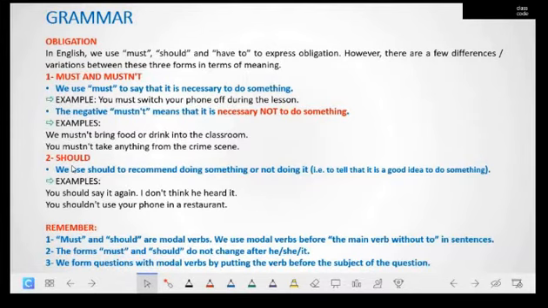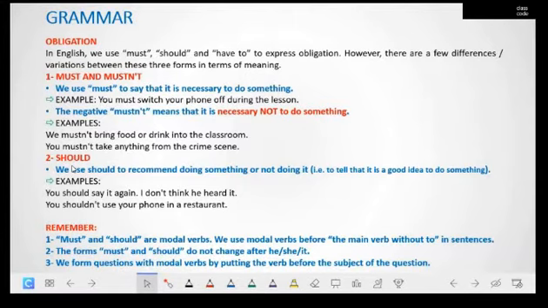All right. When it comes to the negative, the negative is mustn't. Of course, this is the short form, but the full form is must not. Must not means that it is necessary not to do something. Be careful. Here you don't say it is not necessary. It is necessary not to do something.